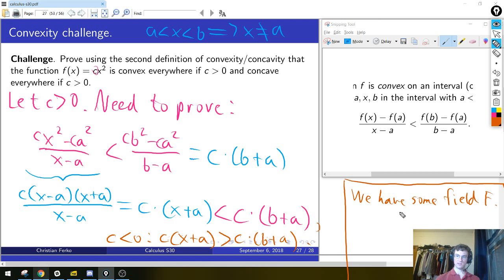In field F there is an order, which you call less than, which compares elements of F. And then you define, say, x is negative if x compared to 0 using your order relation means x is less than 0.